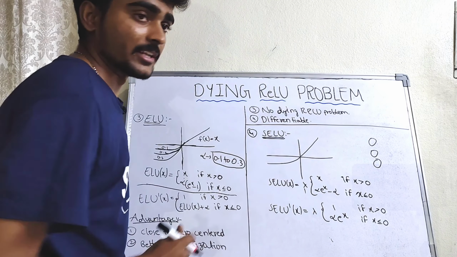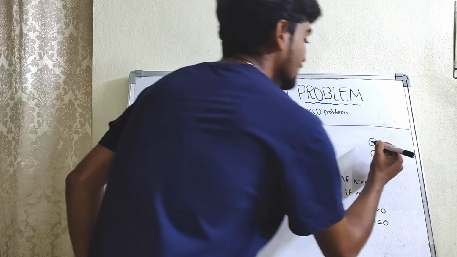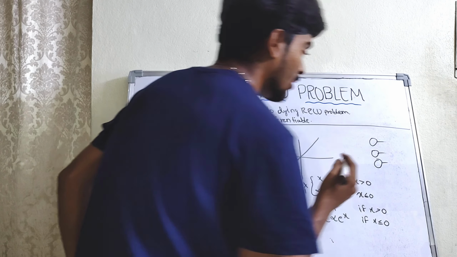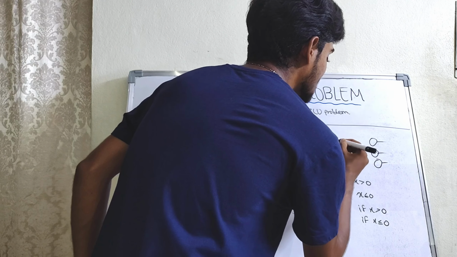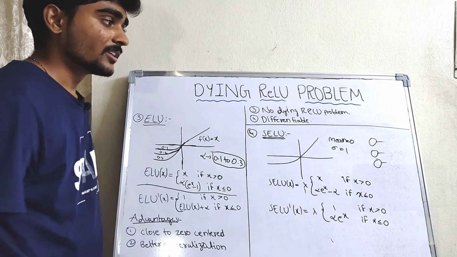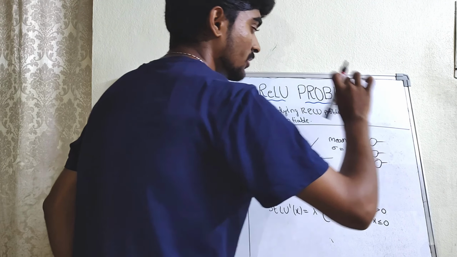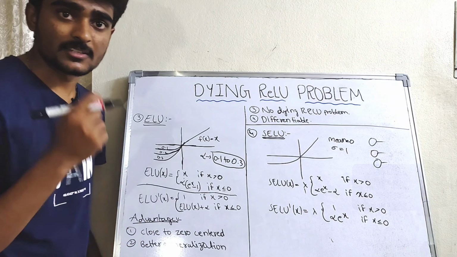Okay, let's say this is a hidden layer. Now when you apply SELU activation function to this hidden layer, the output of each of these nodes, each of the hidden units, the mean of all these activation function outputs of this hidden layer is equal to 0 and standard deviation is equal to 1.